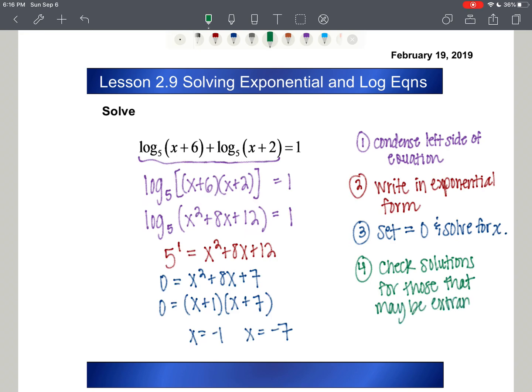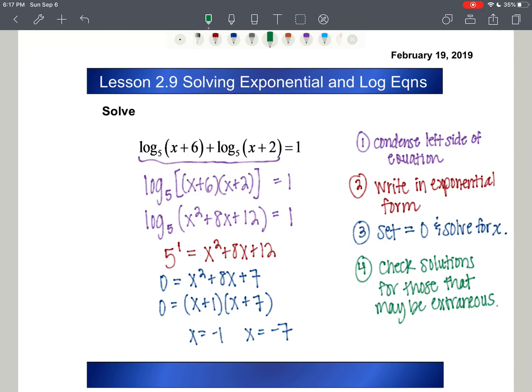Extraneous solutions are solutions that are created in the process of you solving that aren't really solutions.